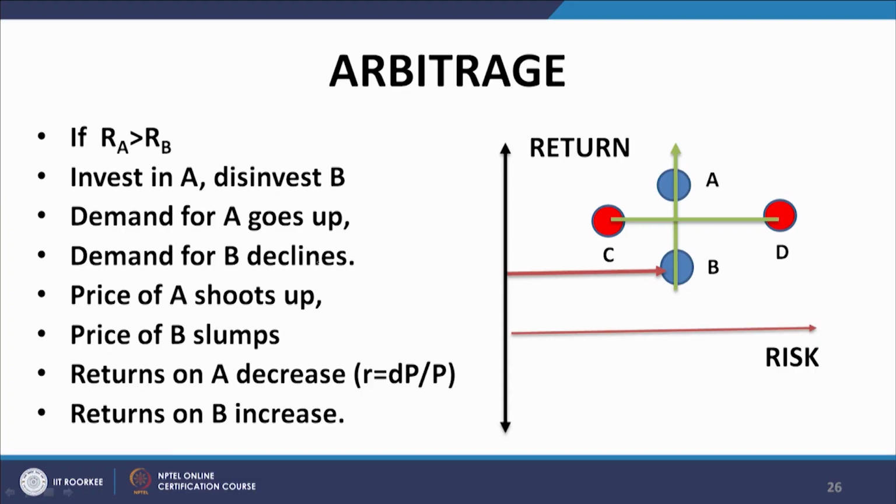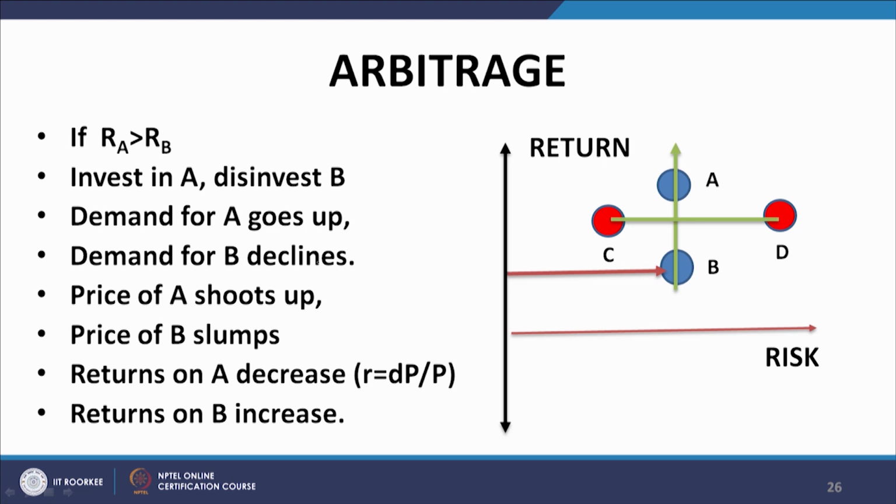As a consequence, the expected returns on security A would fall, the expected returns on security B would increase, and they would tend to converge. In other words, the points A and B in an equilibrium market would tend to converge.